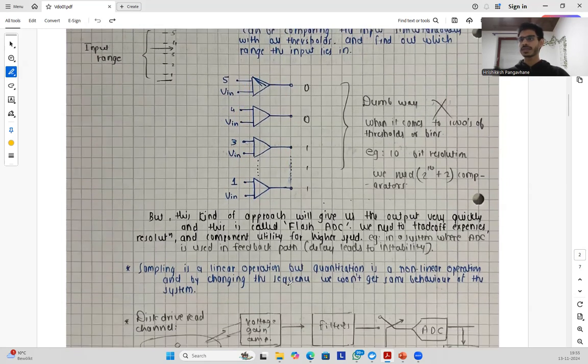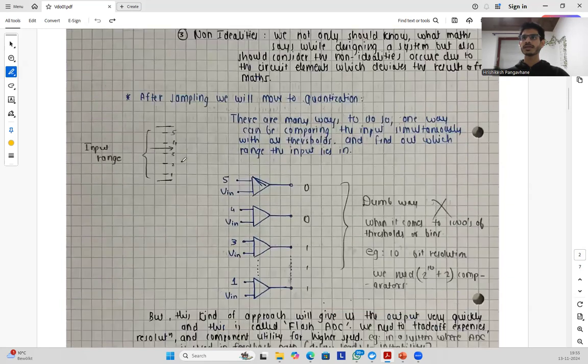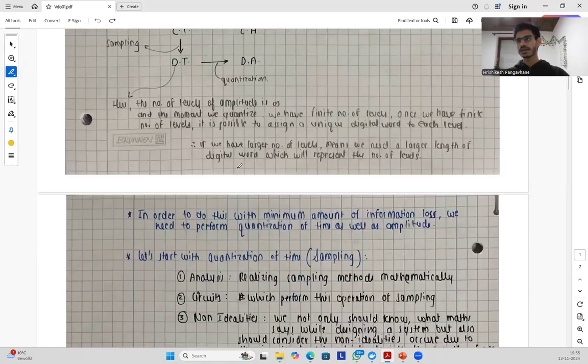But then, sampling is like, so we will take an example. Sampling is a linear operation, but quantization is a non-linear operation. Sampling of time basically is a linear operation, or it can be represented by a linear system or linear function. But quantization of data, from continuous amplitude to digital amplitude, is a non-linear function.